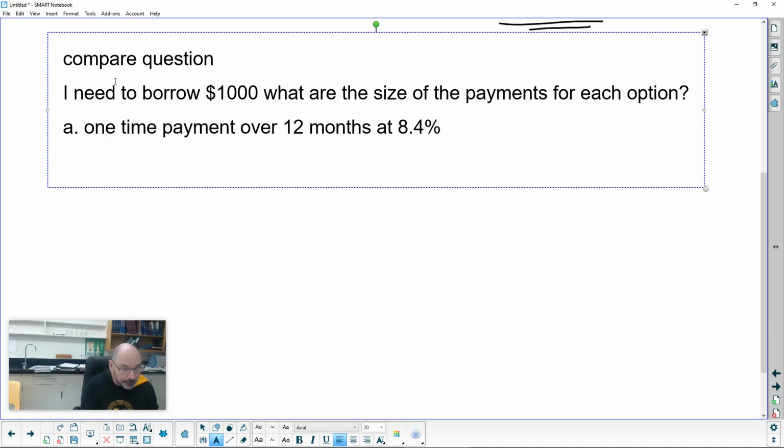Or I could do a monthly payment over 12 months, at, let's say, a lower interest rate.